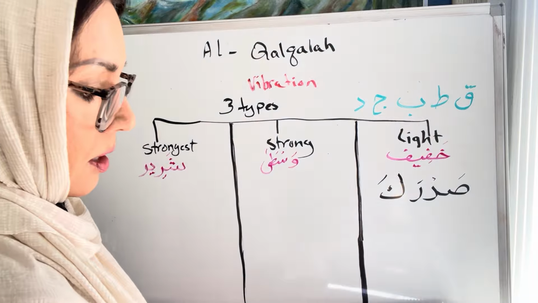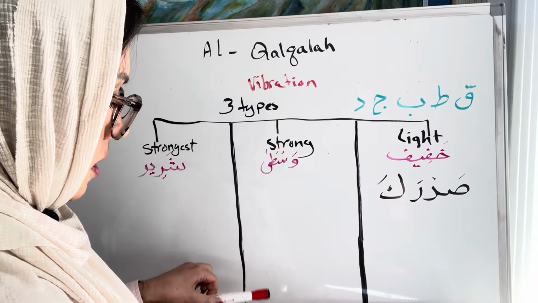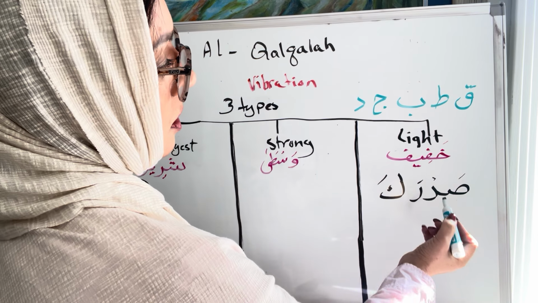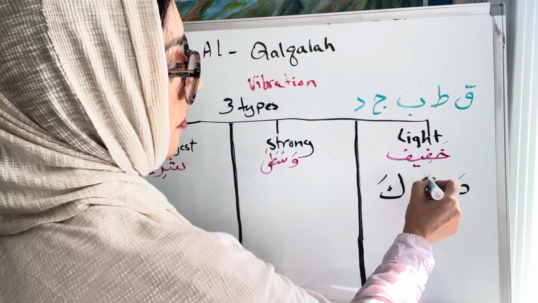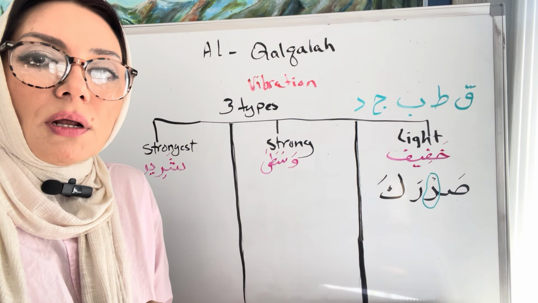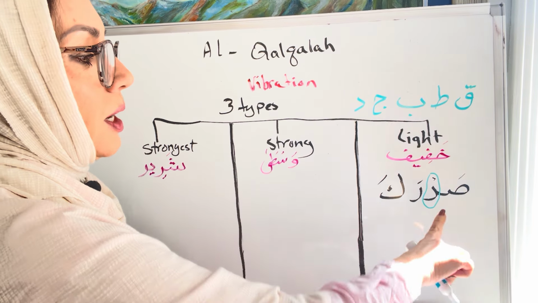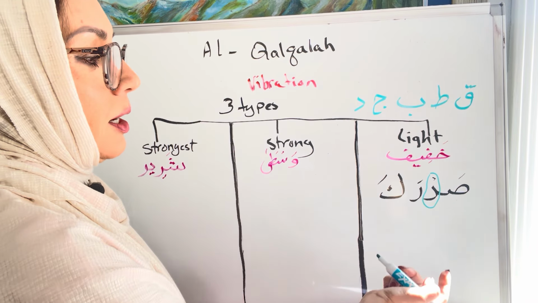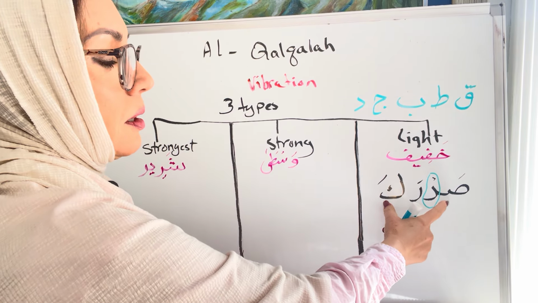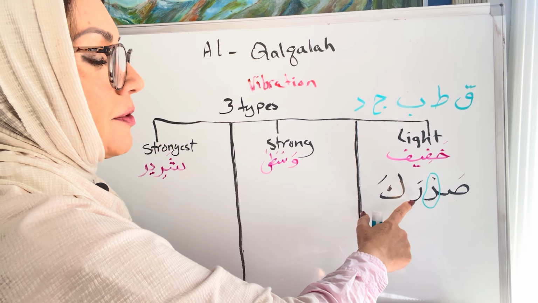Here, if you look, we have the dal, which is one of the letters of qalqala. When we come across this, we know that dal is from the qalqala letters, and there's a sukun on it, so that means we have to do something. This is in the middle of the word, so this is the lightest one. This is khafif, meaning it's light.